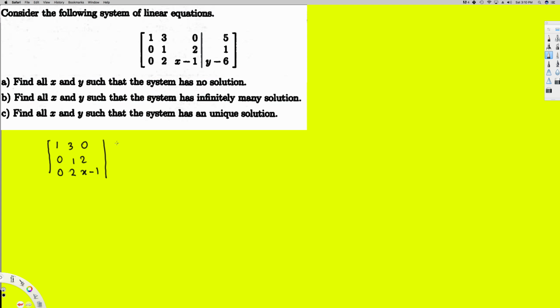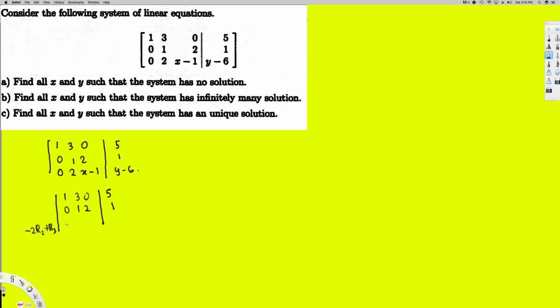On the other side we have 5, 1, y minus 6. To make this one 0, I can multiply the second equation by -2 and add it to the third one. So if I do that, I will get 1 3 0, this is going to be 5, and here we will get 0 1 2. Here it's going to be 1, and to eliminate this one, I multiply the second equation by -2. So it's going to be -2 r2 plus r3.